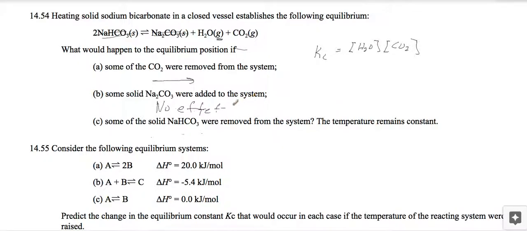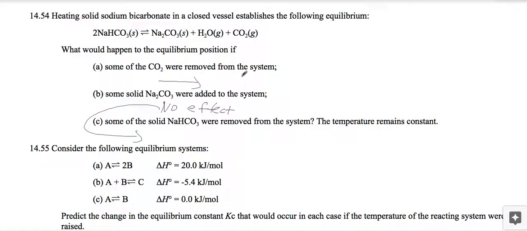I apologize, guys. Let me try this. No effect. Same thing here. So if you have a solid changing things, we do not change the equilibrium. It doesn't shift it.